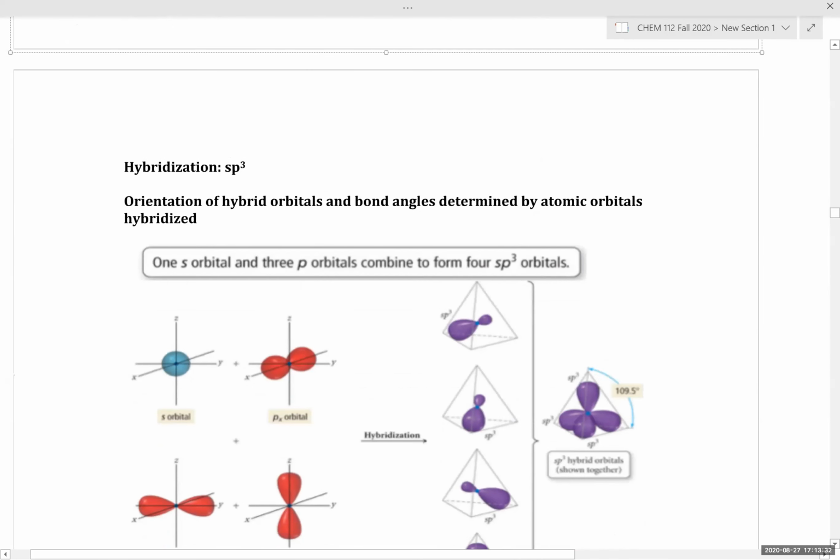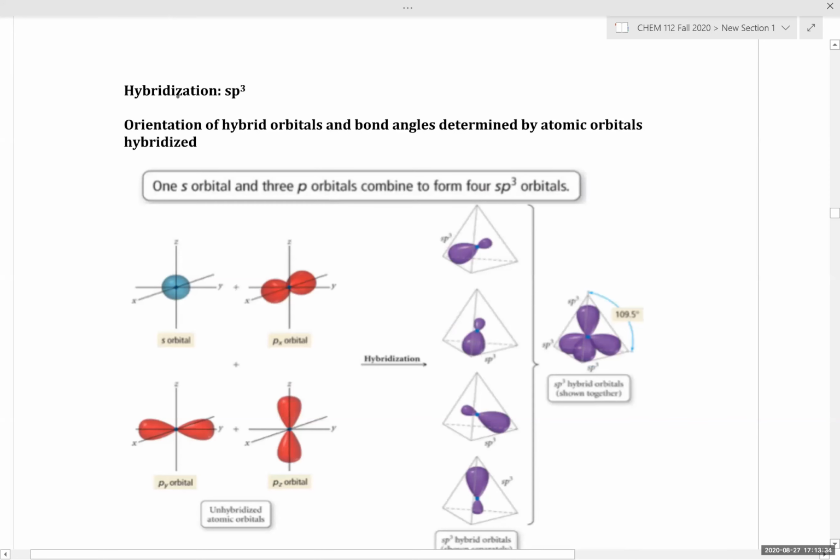So let's start by looking at one of the very common hybridizations. The first major hybridization that we're going to look at is the sp3 hybridization. So in this case, we're combining 1 s orbital and 3 p orbitals.